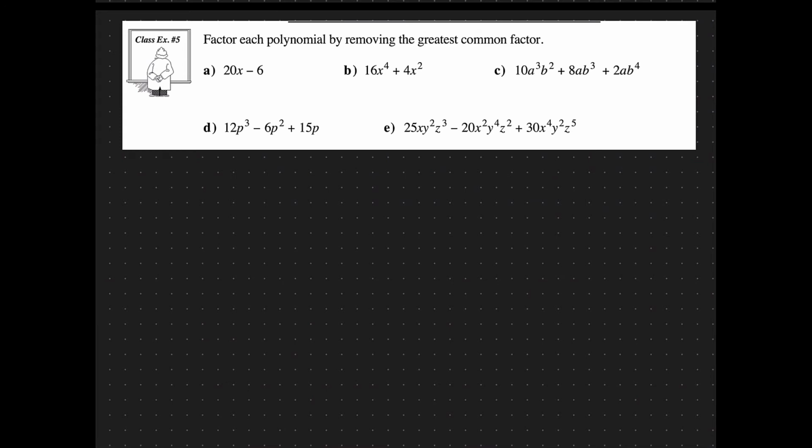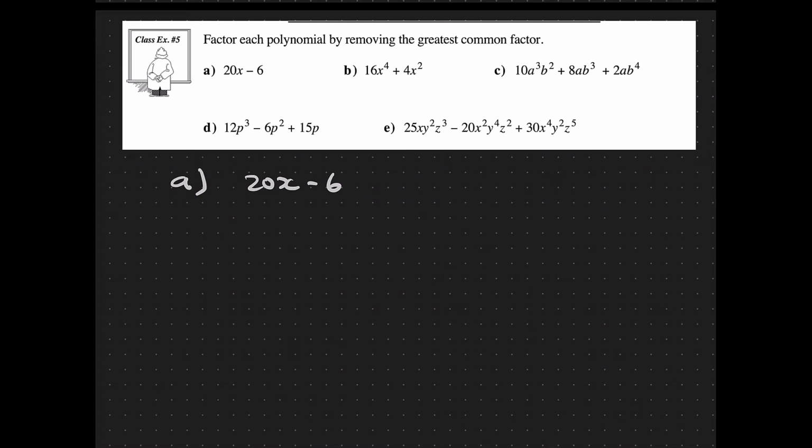Okay, number 5, we'll look at A, and it tells us to take this binomial and we're going to factor it. So we're going to factor it, which means we're going to pull out whatever's common, leaving whatever is remaining. So I can see that within both of these terms within this binomial, the only thing that's going to be common is going to be a 2.